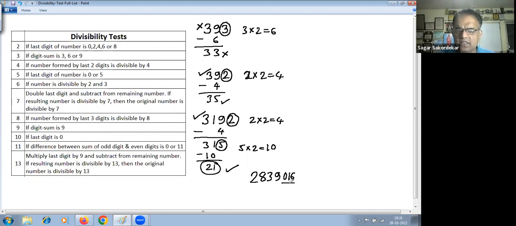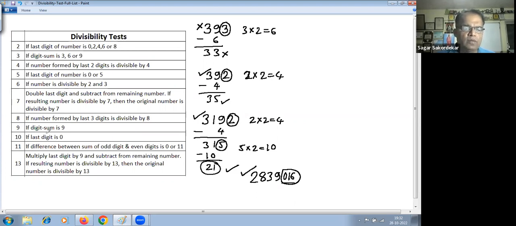Now 0, 1, 6, that is 16 actually, is divisible by 8. Because this is divisible by 8, the full number is divisible by 8. If the number formed by the last 3 digits is divisible by 8, then the full number is divisible by 8. So you just check the last 3 digits. If it is divisible, like in this case, at a glance you can know that it is divisible by 8. Otherwise, you divide and check quickly if you cannot identify directly.